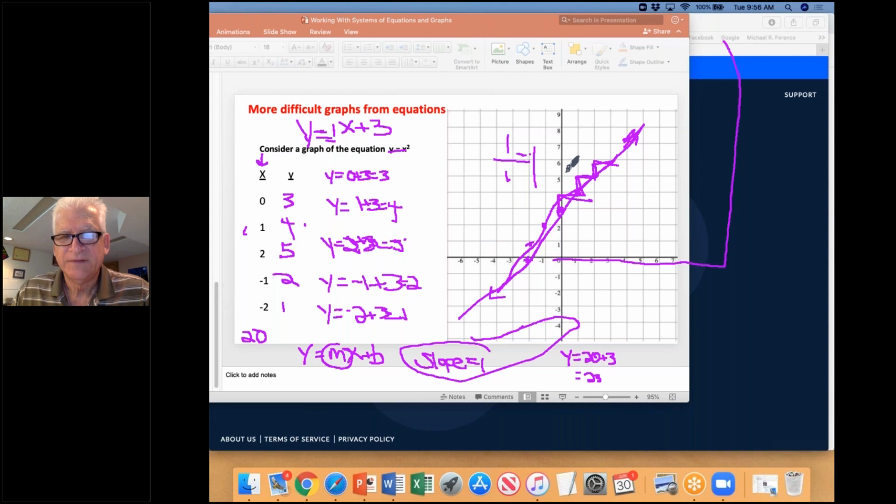So no matter which value you choose for x, you will get a y value that is on this line. Same for y. If you pick any y value, you can solve for x, and that ordered pair, that point would still be on this line.